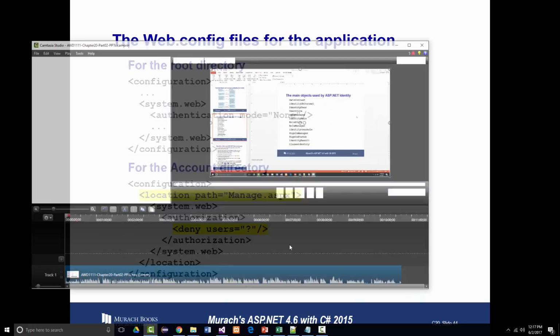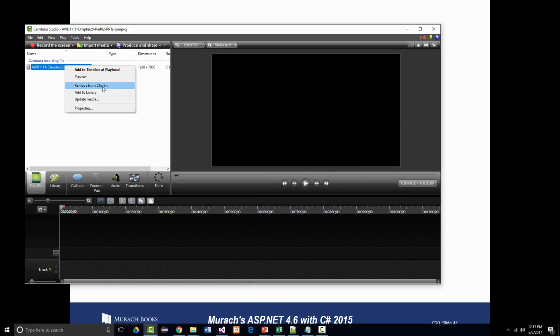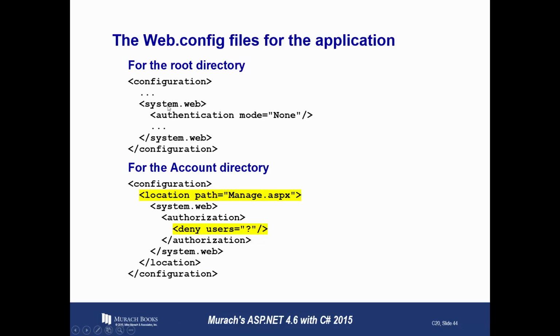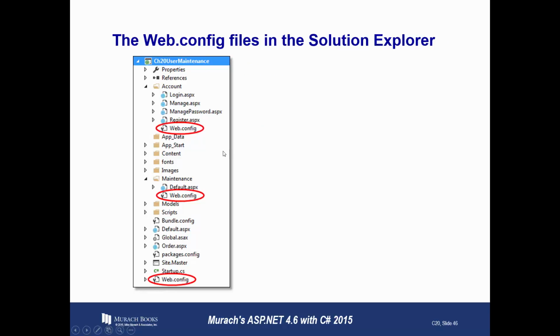So here's the web configuration file. This is the one in the root directory. This is the one in the account directory. This is the one in the maintenance directory. So if you look through there, you will see these three files.